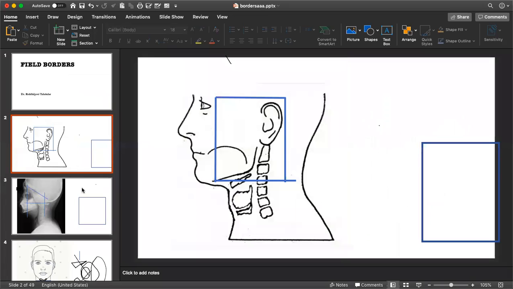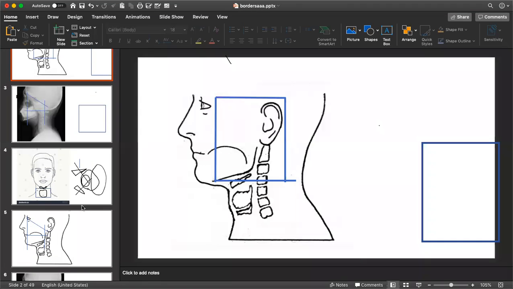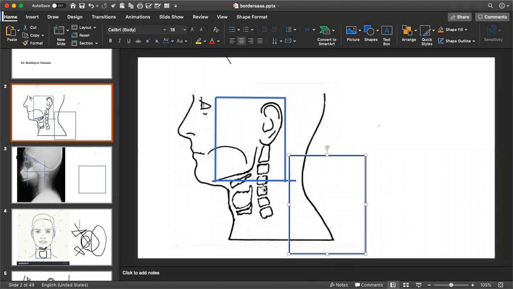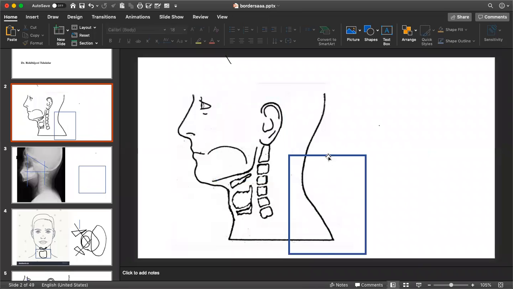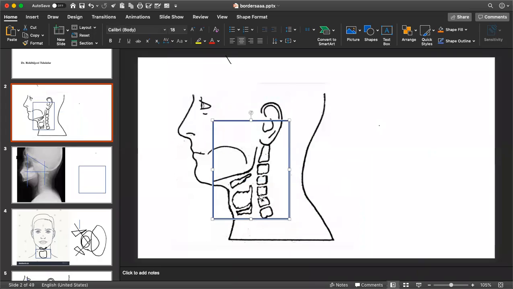Did you get it, or do you want me to repeat again? Please repeat. So for thyroid bed and the nodes, the superior border will be at the mastoid process. The inferior border will be at the suprasternal notch. The lateral border should include the supraclavicular fossa, so you cut through the medial 2/3 and the lateral 1/3 of the clavicle.